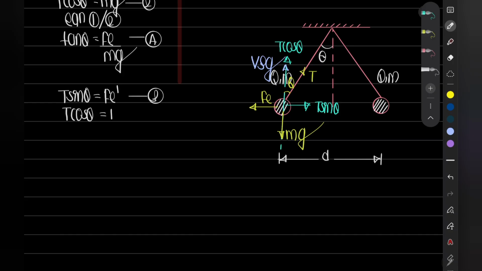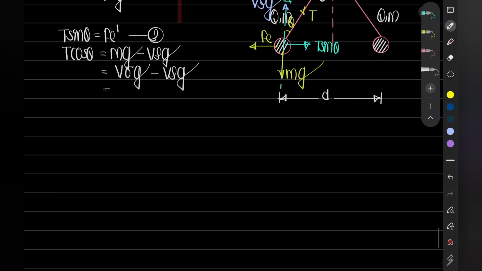It will be the difference of mg and V rho g. Mg is mass, which is volume into density. Density of sphere is sigma, so V sigma g and V rho g. Difference of both terms. Let's take V sigma g common.